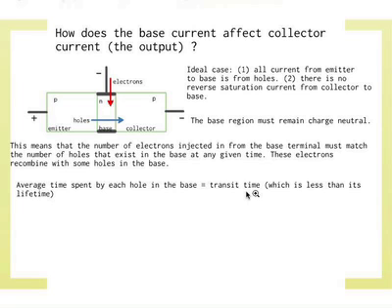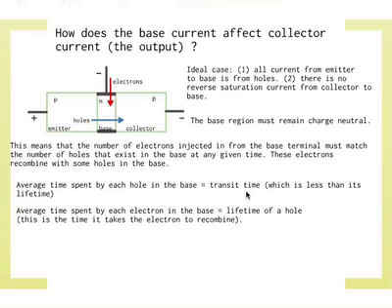It's the length of the base divided by the velocity of the hole. It's typically less than the lifetime. In other words, you want most of the holes that come in here to go across. You don't want most of them to recombine. So you want the transit time to be very short, which is why you make the base really thin.